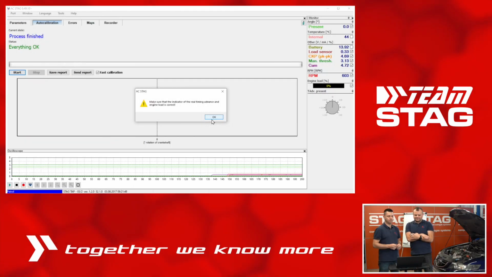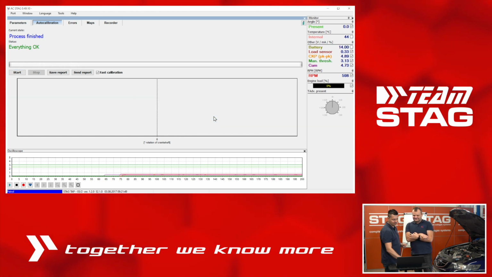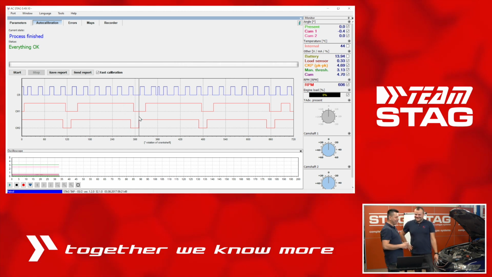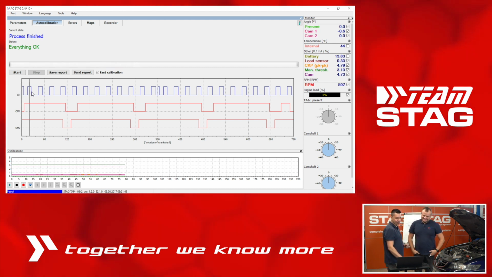So now the autocalibration process is finished, and we can follow the settings and see predictions and see the end results. Will it be a Santa Claus graph? Oh no, just some 3 blue signals and red lines, right? Okay, so right now what you can see here is the result of the autocalibration.